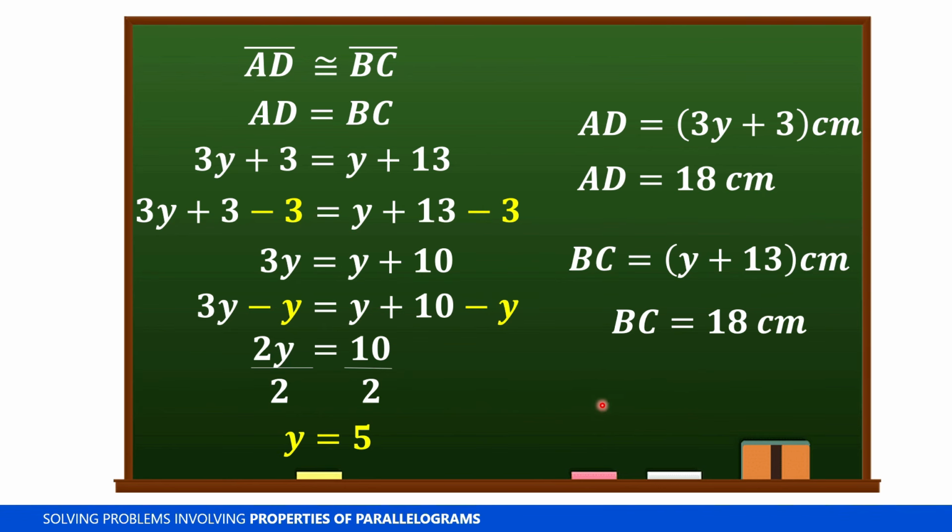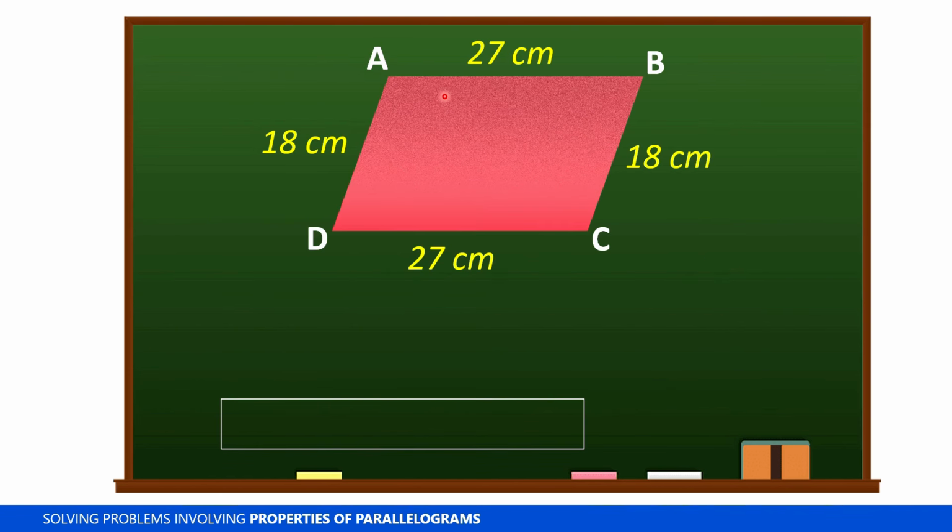So let's go back to our illustration. We have determined the lengths of AB and DC, which are opposite sides. So if this is 27 centimeters, we also have 27 centimeters here. And then AD is equal to 18 centimeters, and its opposite side, which is BC, is also 18 centimeters. So to determine the perimeter, we just simply add the lengths of those 4 sides.